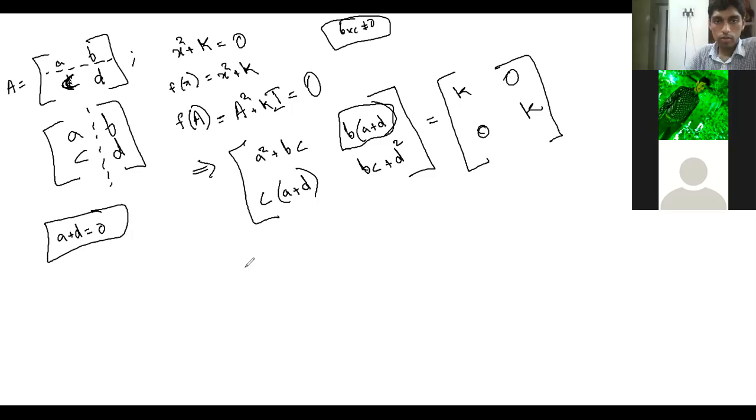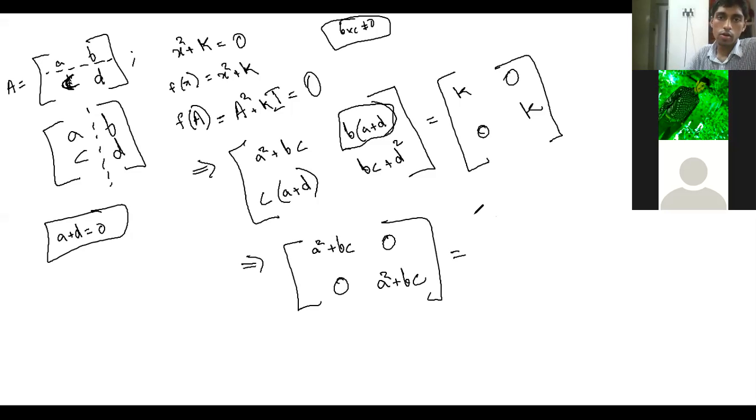So then this matrix will look like this: a square plus bc, 0, 0, same a square plus bc is equal to k.